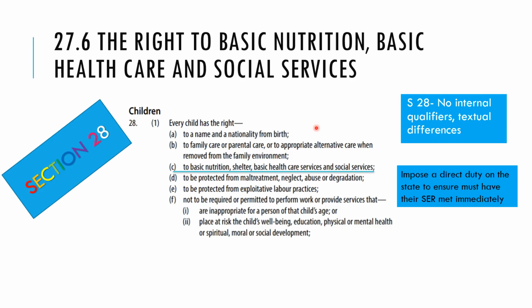The difference would be you as an adult can go to the state and tell them that you don't have basic nutrition. That would mean that the state's duty will be to say, but we do have, for example, socioeconomic projects, soup kitchens and such that give you access to food. And we're trying to progressively make sure that we give enough social grants so that everybody has access to nutrition. That is what an adult would do.